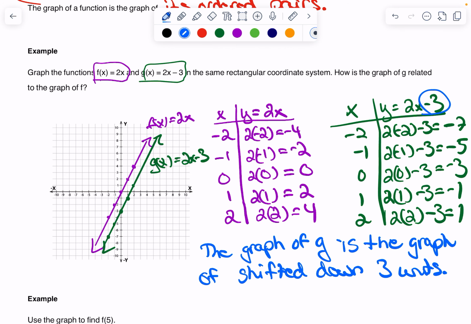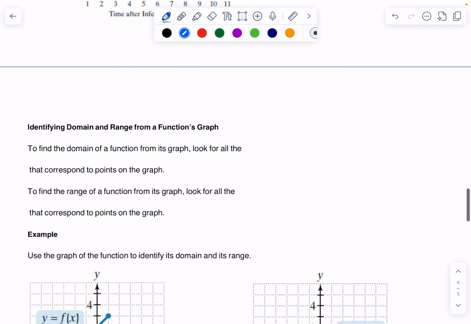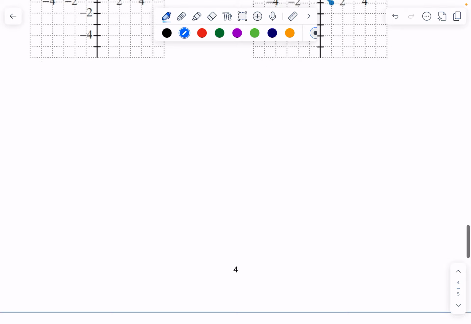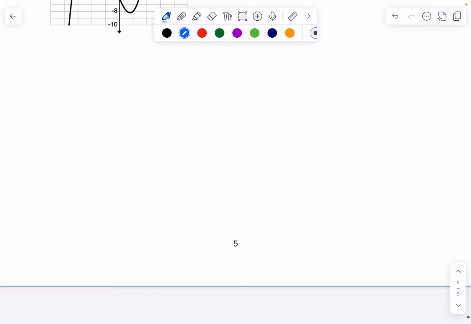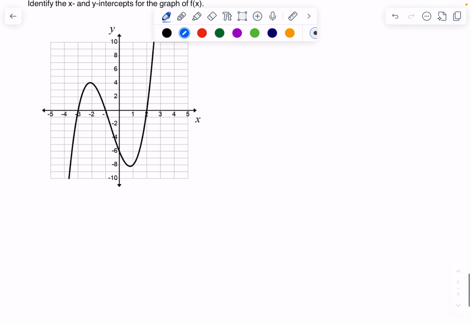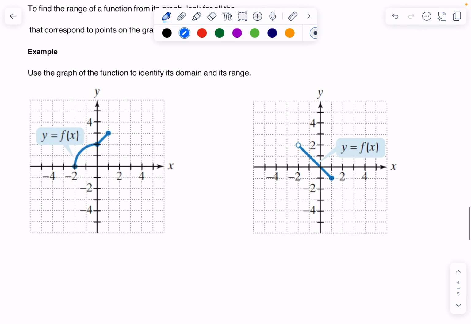You know what? This is missing one part here, which is actually weird. It's missing the vertical line test as I'm looking at this.